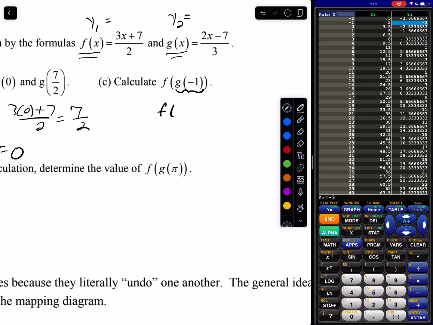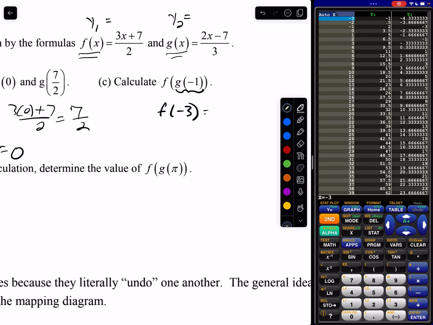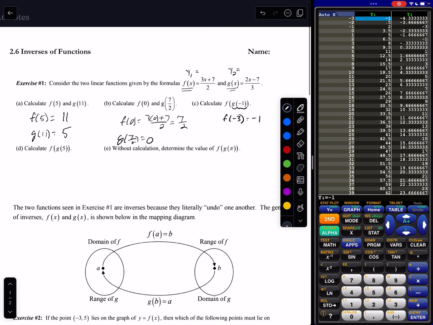So now I'm looking at f of -3. If I change my input to -3, look what I get out: -1. So what exactly is happening here?